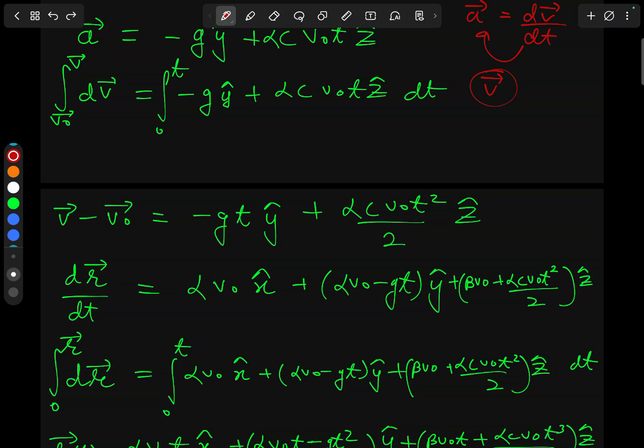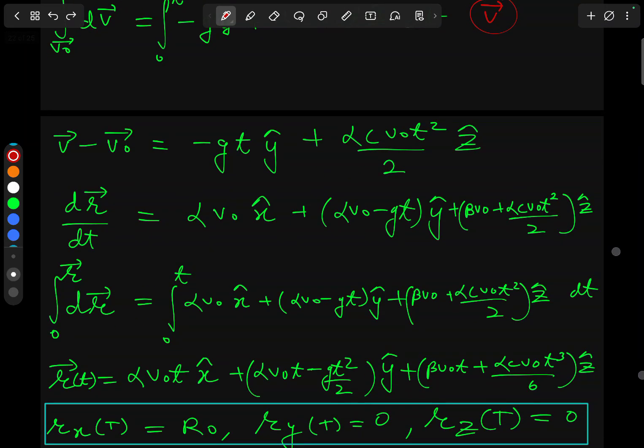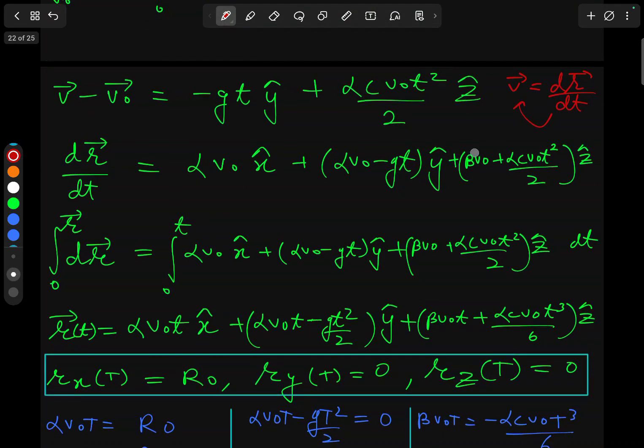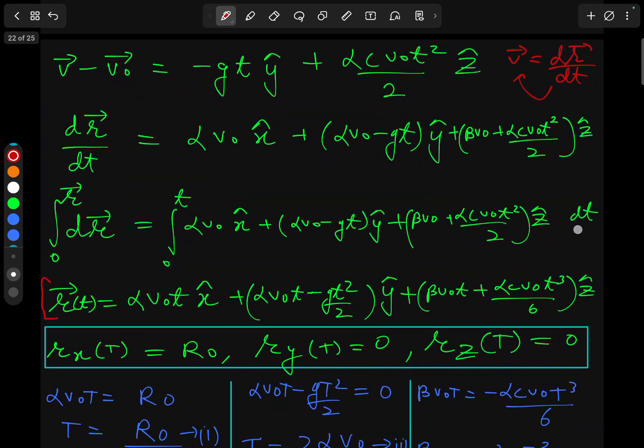I think the integration is very basic, so I don't really need to explain that part, right? And then again, using that v vector is equal to dr vector by dt, and integrating again to find the position vector at any general time. Once I do that, this is my position vector as I've written here, right?